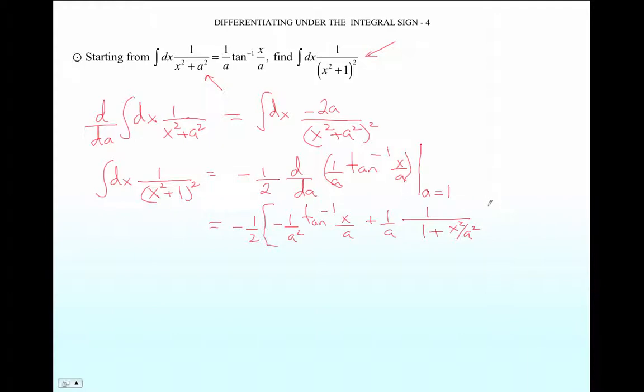And then differentiating x over a, I get minus x over a squared. Now I can put a equal to 1, and this gives us the final answer, which is half tan inverse x plus half x over 1 plus x squared. So you see how well this differentiation under the integral sign worked out for this example.